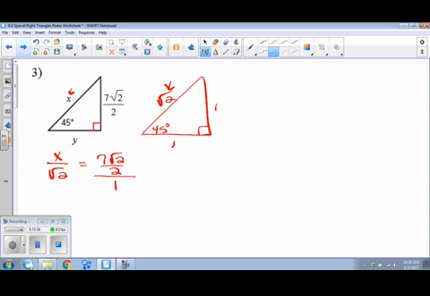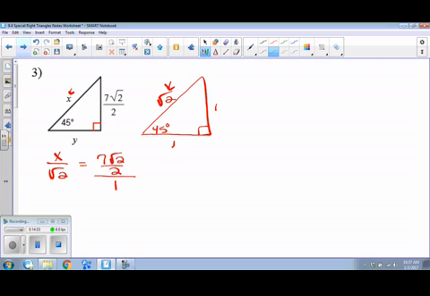Okay, now that looks complicated, right? Because you have a fraction over a fraction. There is something you can do to get rid of that denominator for the entire triangle.